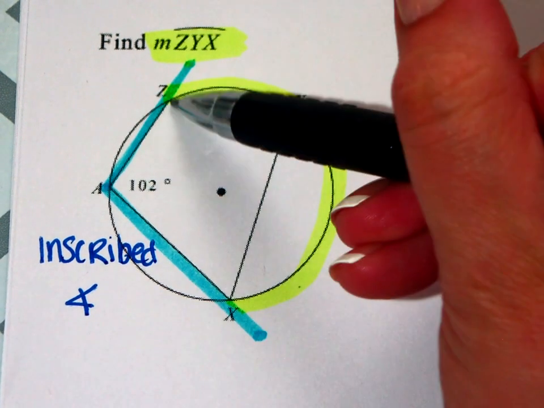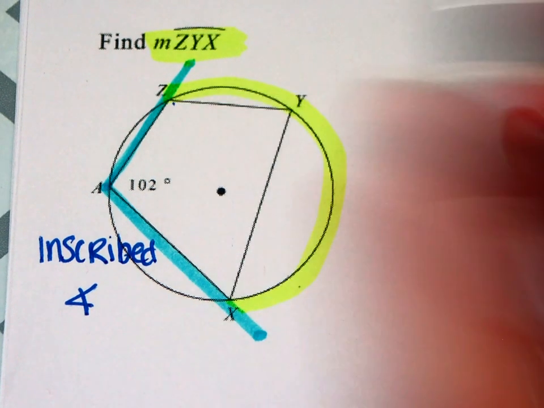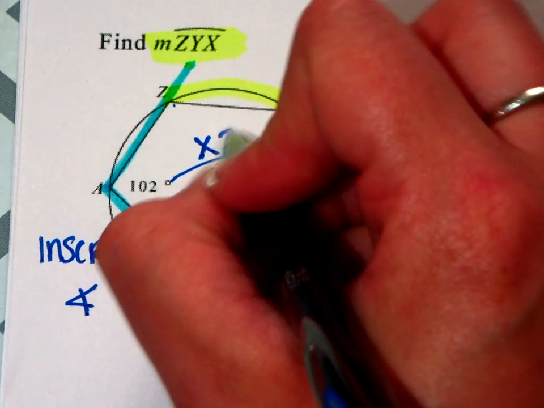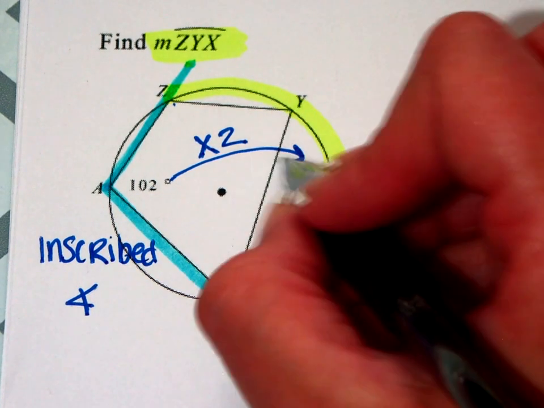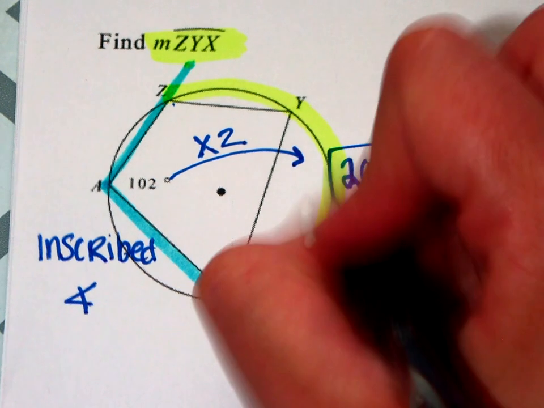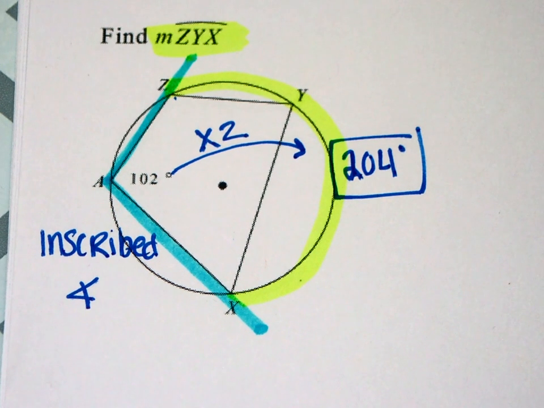I also should see that the arc we've highlighted is the intercepted arc of the angle. So if I'm trying to calculate the arc, I multiply 102 by 2 and get 204 degrees. Circles, again, are not a challenging topic, it's just a lot of formulas. Let's try another.